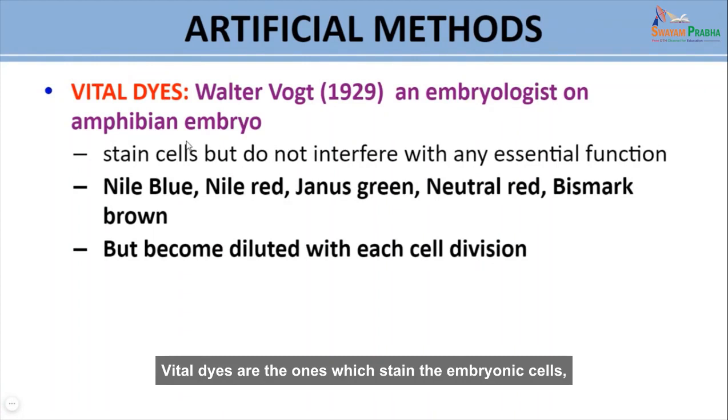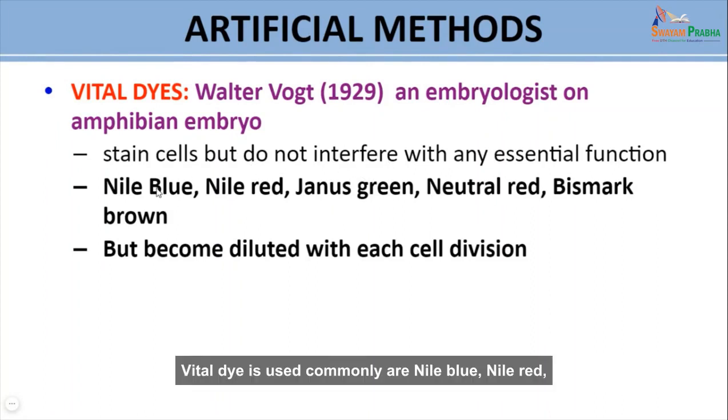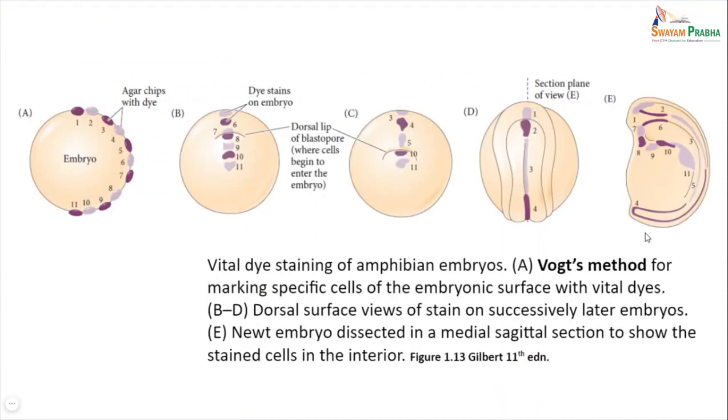Vital dyes are the ones which stain the embryonic cells but do not interfere with any essential functions. Vital dyes commonly used are Nile blue, Nile red, Janus green, neutral red, and Bismarck brown. However, vital dyes have a limitation: they become diluted with successive cell divisions.